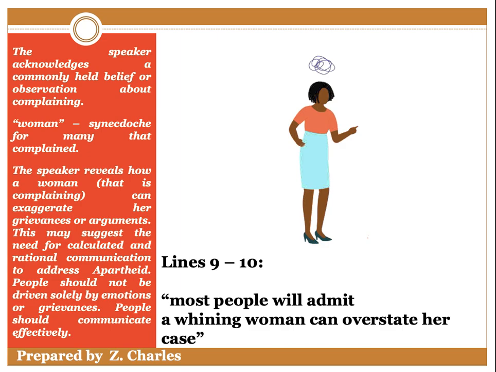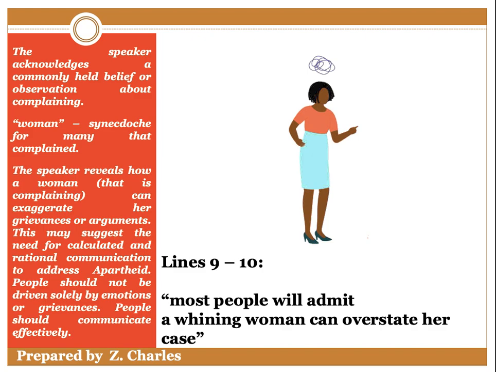But he says, okay, stop, pause, think about what you are going to say. Don't whine or complain, that's not going to amount to anything. People should not be driven by emotions or grievances. When we present the argument, we're looking at facts and we're not complaining. We're going to communicate effectively.